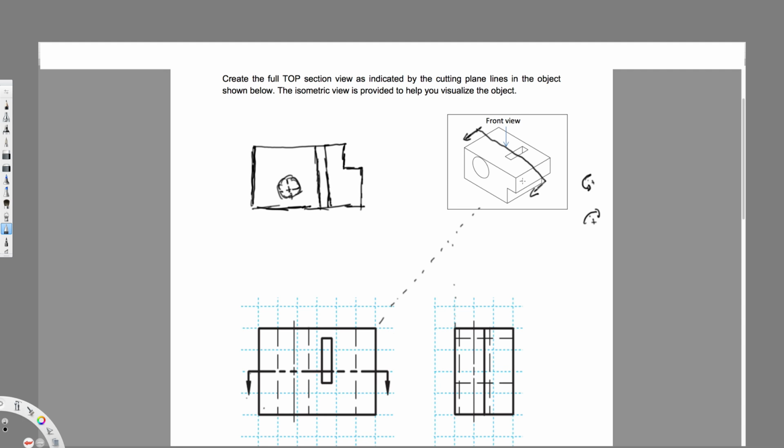So when you cut this object in half, you're not gonna touch the hole and you're not gonna touch this part. So we have to avoid this part, and we have to shade everything else. When you shade, it's gonna be something like that. So this is gonna be my top view, and that's all it is. That's all we have to do.